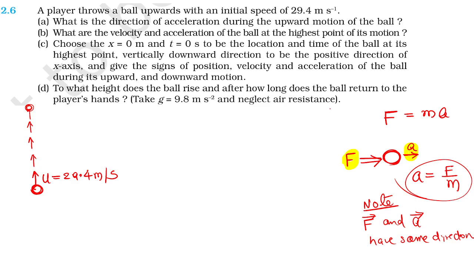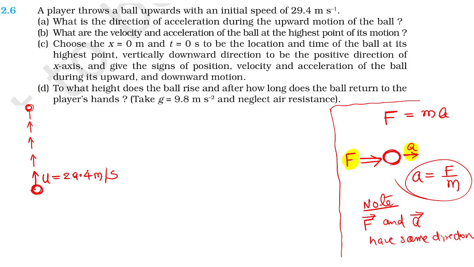To find the direction of acceleration, you need not look at the direction of the motion. You need to see what force is experienced by the body during the motion.